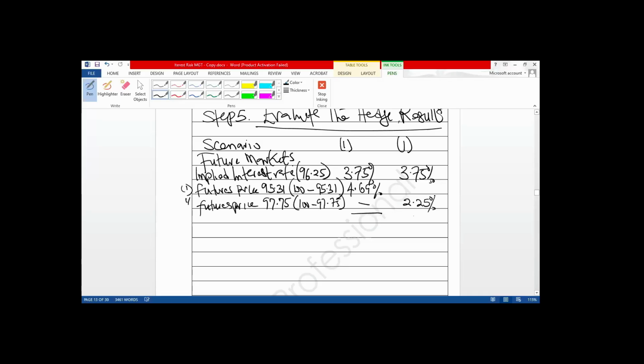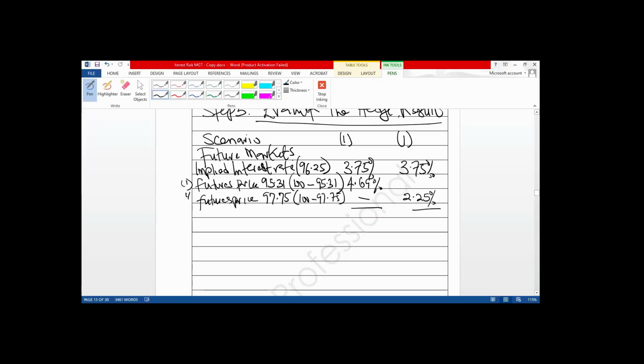We now do like this. We are still dealing with the futures market. We call it options on futures. Let me use that word. Options on futures markets. Better.